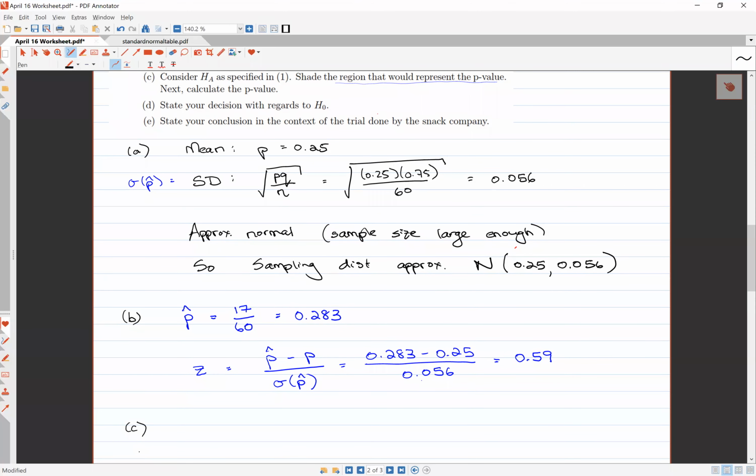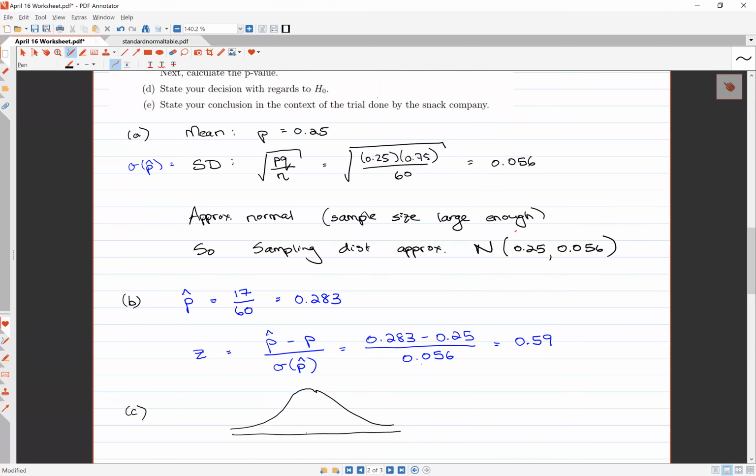So your bell curve has this z-score. Remember, the standard bell curve is always centered at 0. And now we've calculated this value, 0.59. And our alternative hypothesis said that p is greater than 0.25.